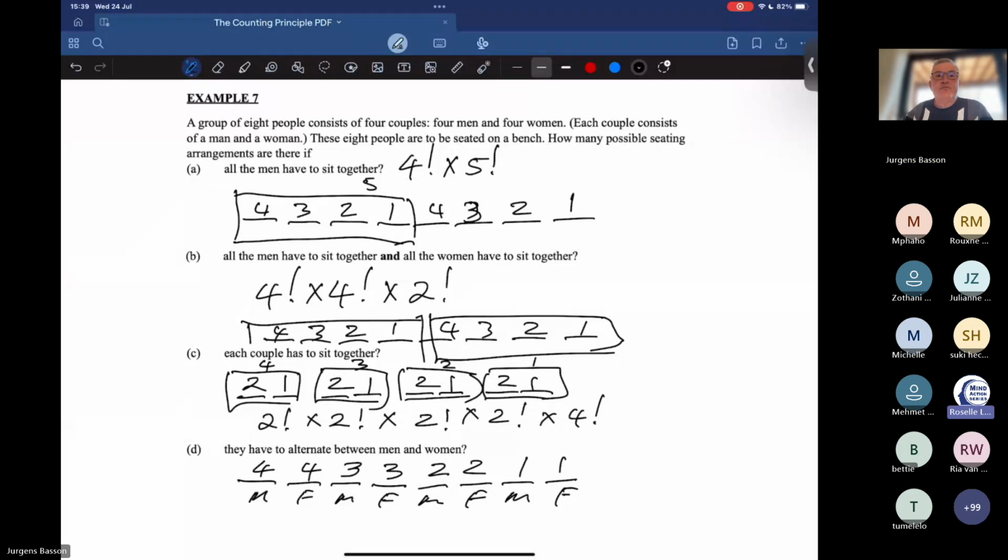Sorry, there's a question here. How many possible arrangements if all men don't have to sit together? Sure. They don't have mercy on me. That is quite a difficult question.